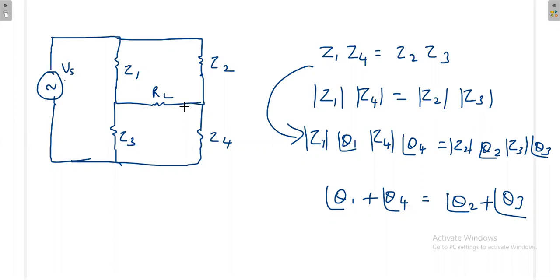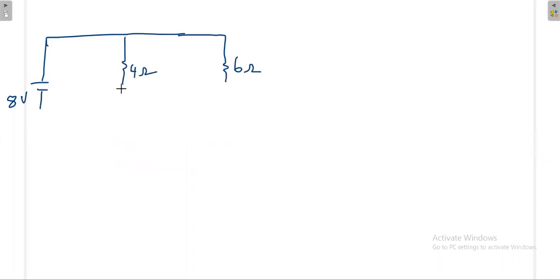Okay. Now I will take one more condition. Now let's see. Say the same bridge circuit model, 8 volt is there, 4 ohms. Now this is 6 ohms. Somebody is making a short.